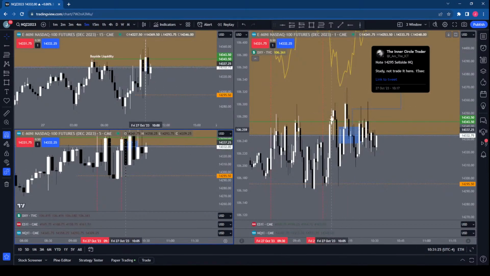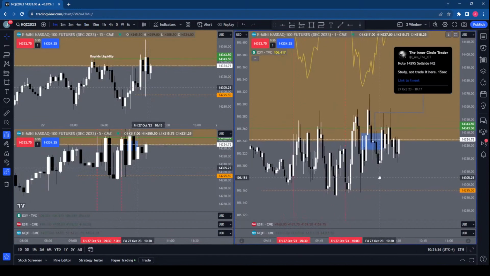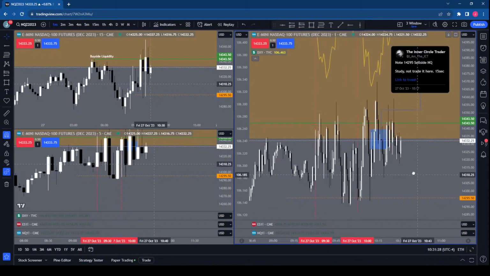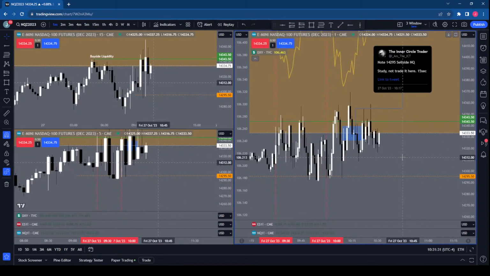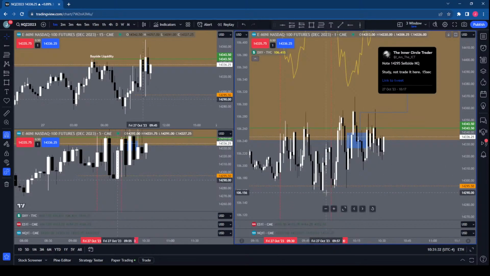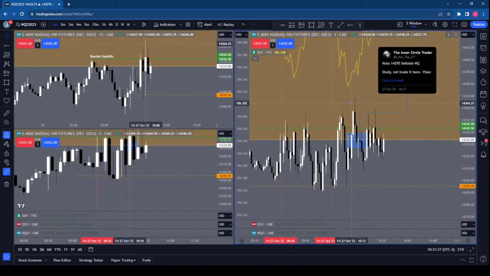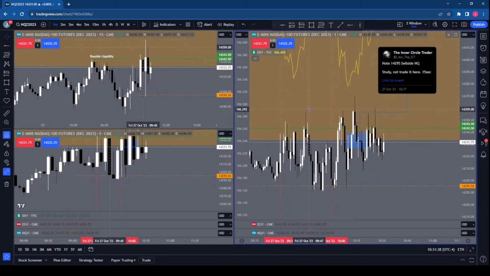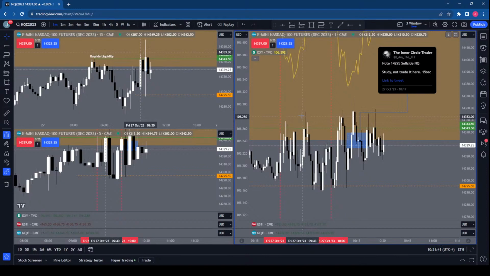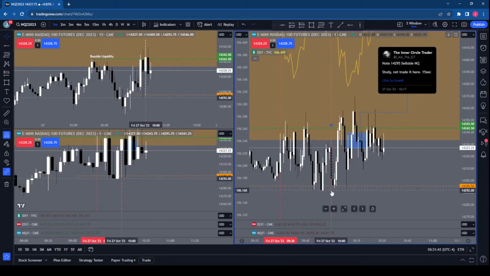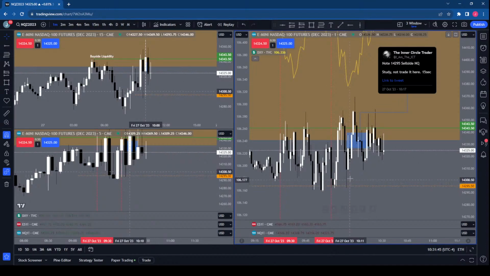And noting the order they're in. I'm going to have to go back and watch that video so I can communicate this a lot better. But the order in which a buy side's intermediate swing high might be taken compared to a sell side.